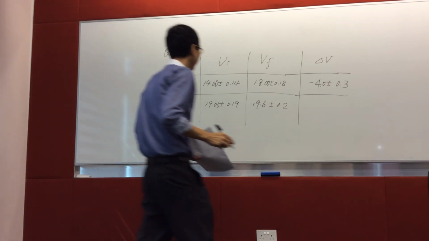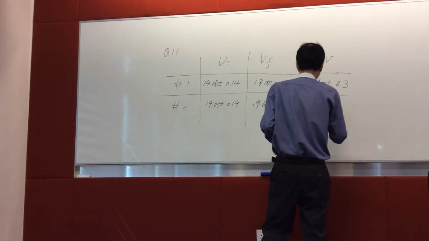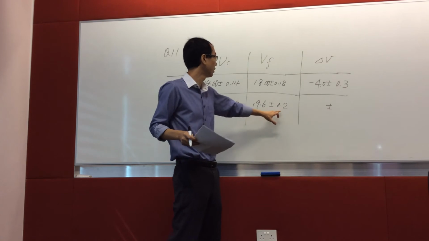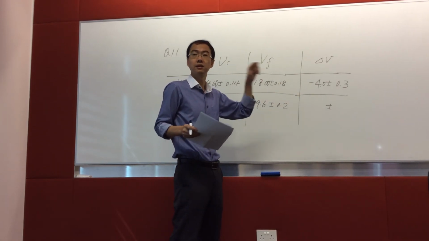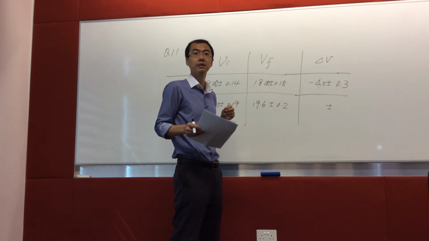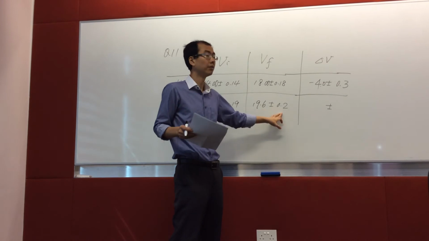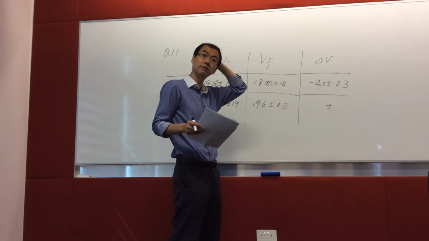And how about this one? What is the uncertainties here? Anyone tell me? What is the uncertainties in the final result?